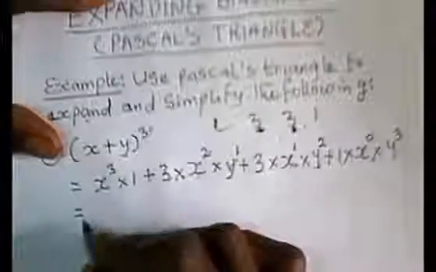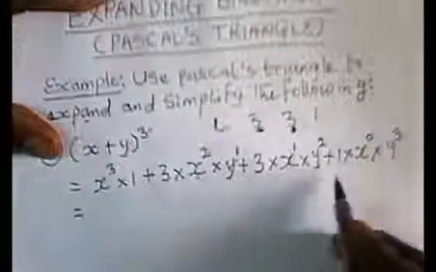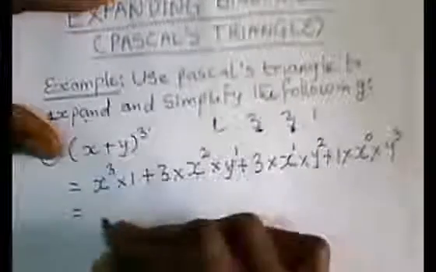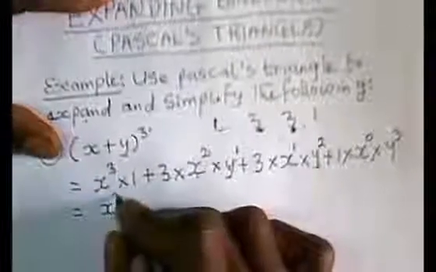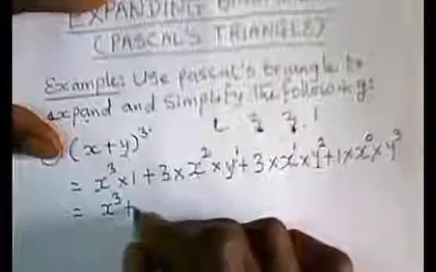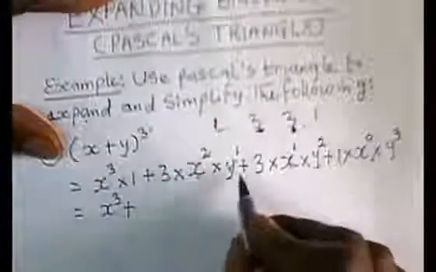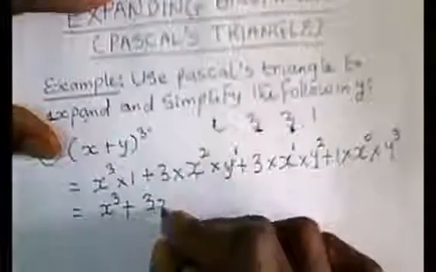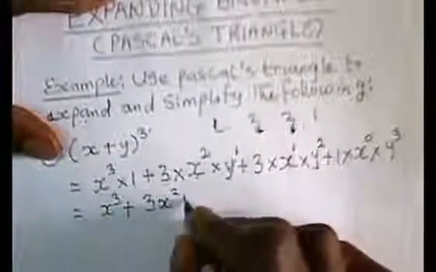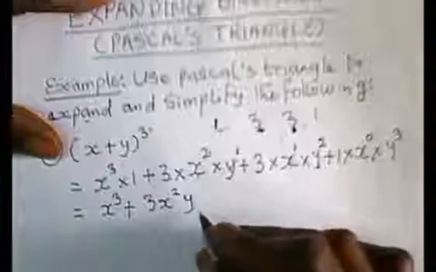In the next step, we are going to simplify everything that we see here to arrive at a particular answer. So x cubed times 1 will give us x cubed, then plus 3 times x squared times y power 1 will give us 3x squared y. That's what it's going to give to us.